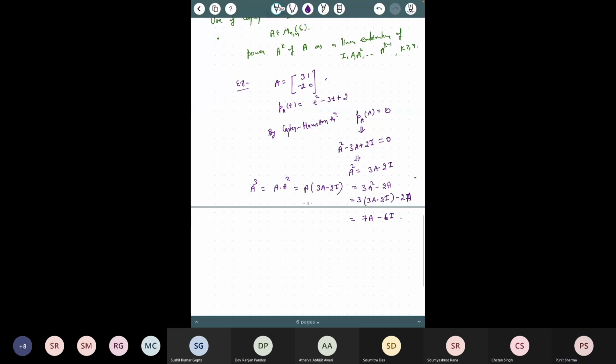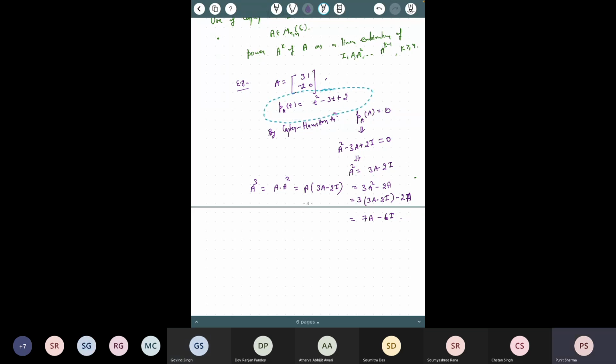Also, if the matrix is invertible, you can find the inverse using Cayley-Hamilton. In fact, you can tell whether a matrix is invertible or not by using this result. So by looking at this polynomial, when can we say that this matrix is invertible? Yes, if the constant term is non-zero.